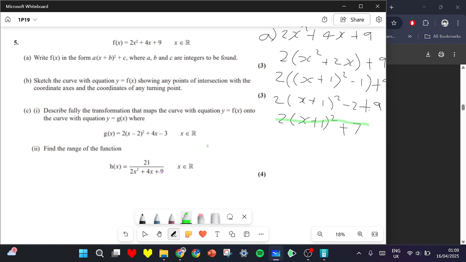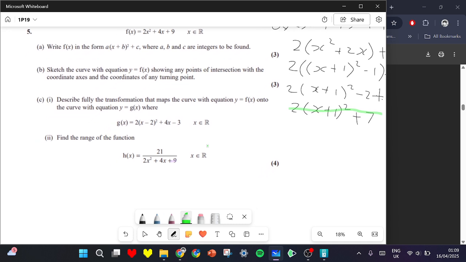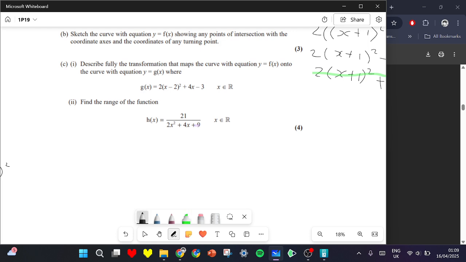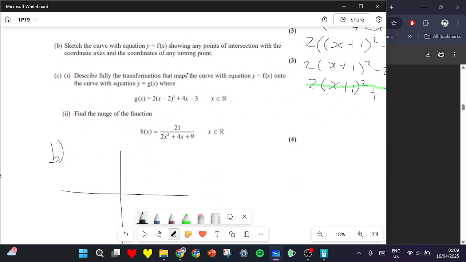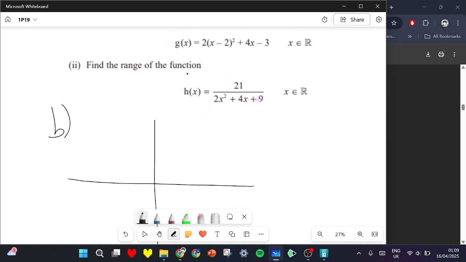Okay, part B, it's to sketch it. Okay, so for this one, we already know the y-intercept from this bit. It's just the number without any x's on it, so it's gonna be 9. So let's see, that's over there.